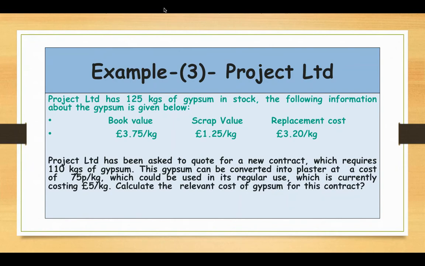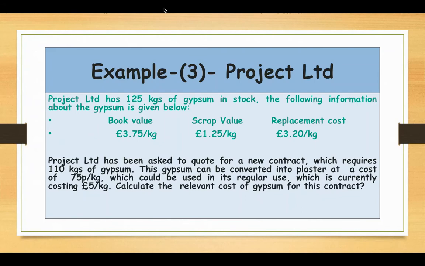So these two options are available if they don't use it in the new contract. Because they are using plaster in their regular use, if they convert it into plaster, the company can save £4.25 per kilogram, because the market price of plaster is £5.